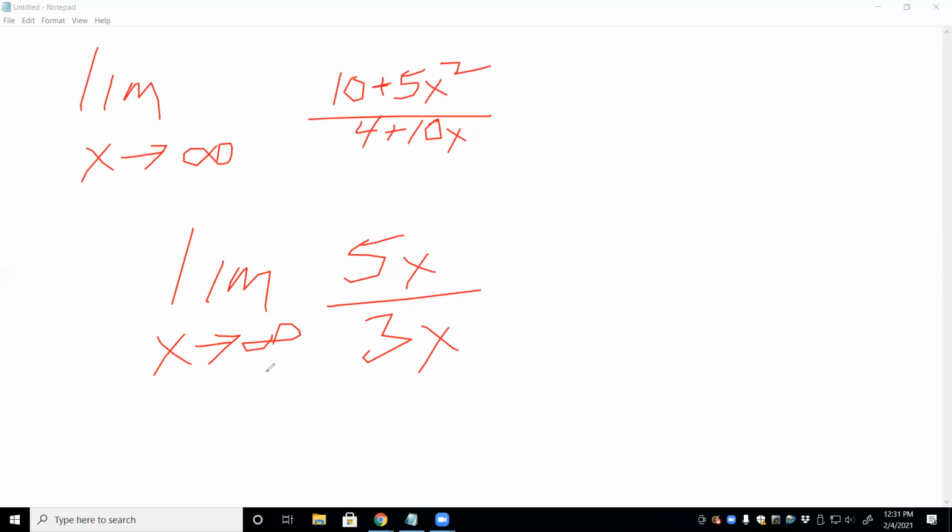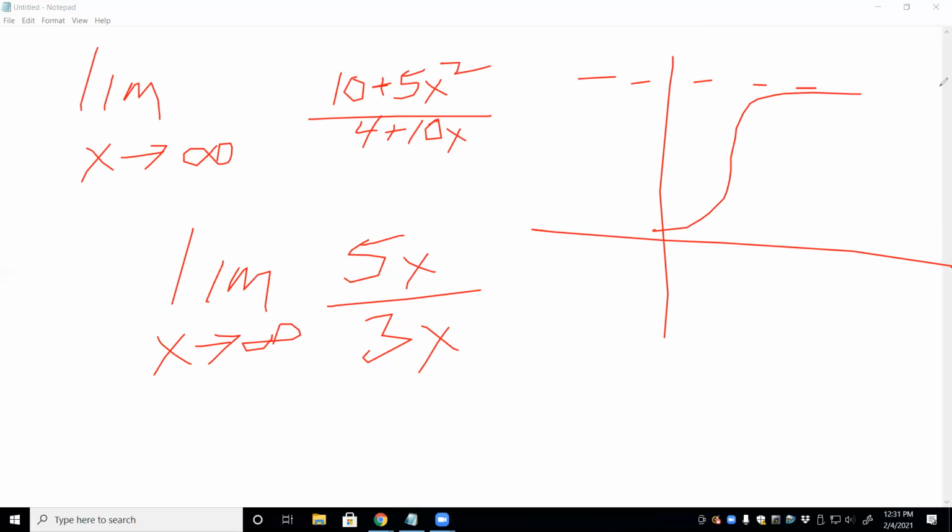And that's exactly what a horizontal asymptote is. In other words, if I have a curve and I've got a horizontal asymptote right there, then what I'm saying is what is the limit of that function as x goes to infinity? And it approaches that horizontal asymptote.